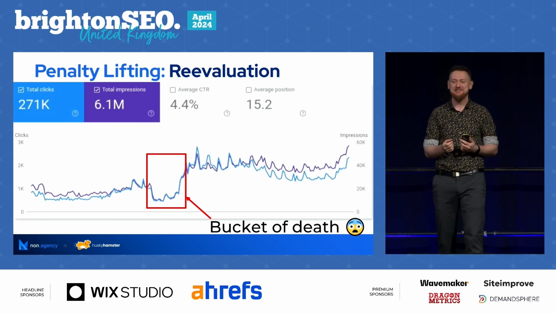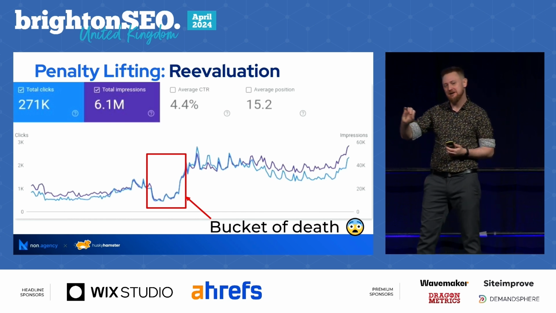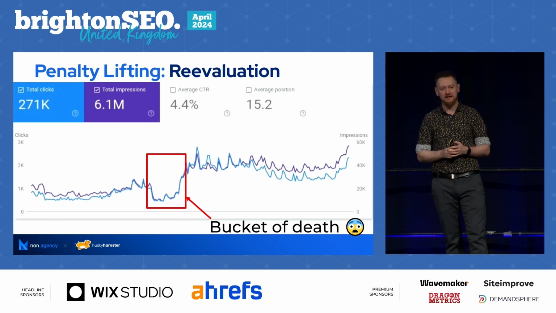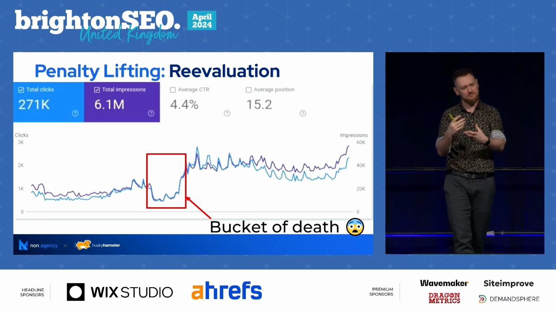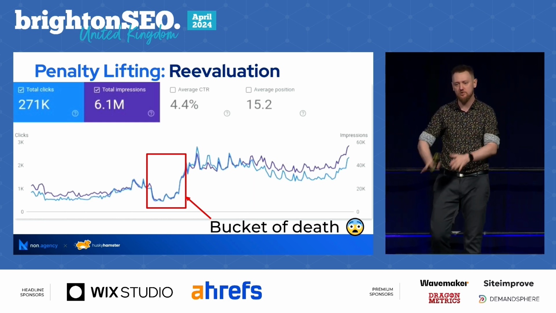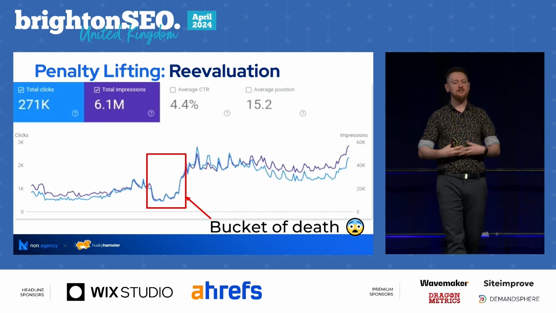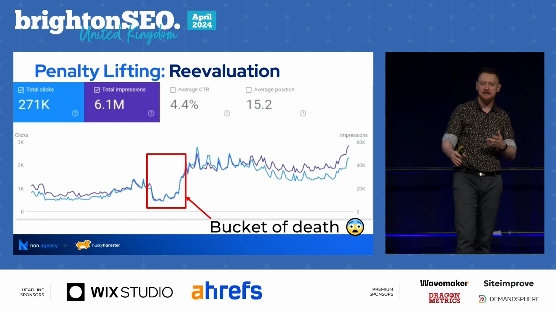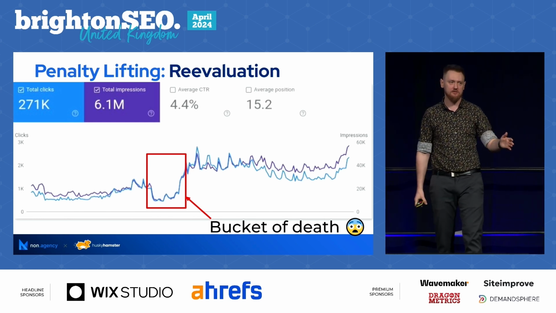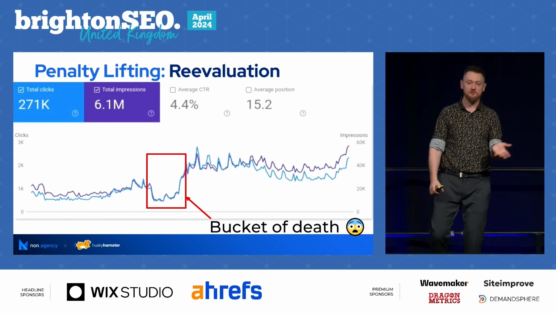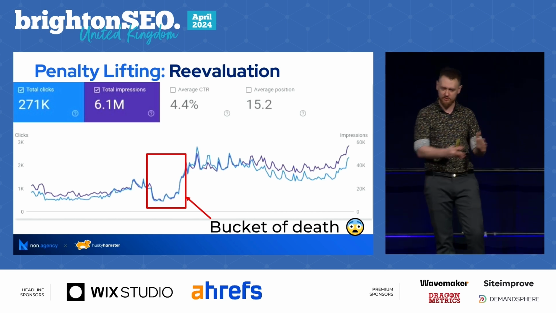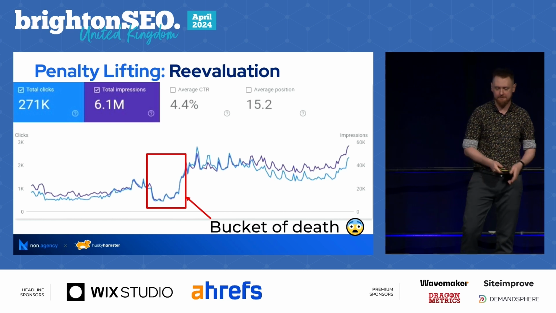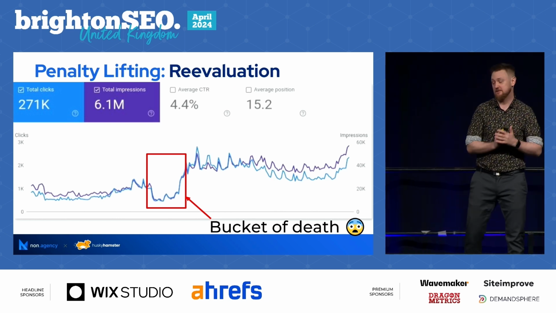Google gives you a tiny, slim light at the end of the tunnel, giving you a little bit more traffic to allow you to recover a little bit, but then boom, everything drops off, only to test it. Google probably, I don't know, algorithms are testing your site, looking whether you did something and now you're going to revert it back because Google took away the traffic, or you let it stay on the site because it was actually good for the user. Bucket of death. This is how I call it.